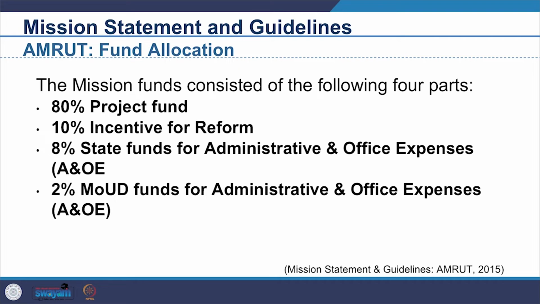Further, as we had already seen, the administration and office expenses have been included. So, the state fund for administration and office expenses was 8% of the annual budgetary allocation. Administrative and office expenses also have a component of 2% of the annual budgetary allocation.